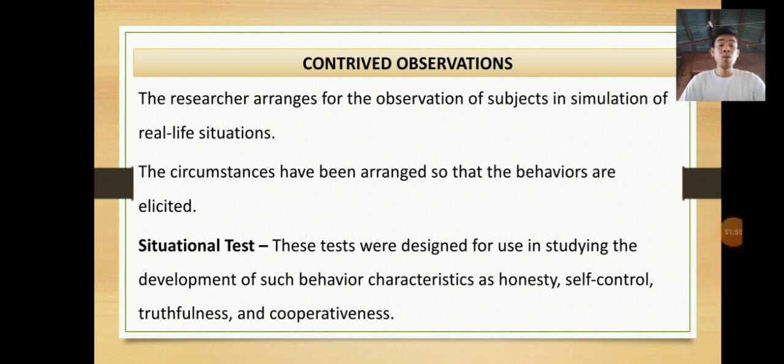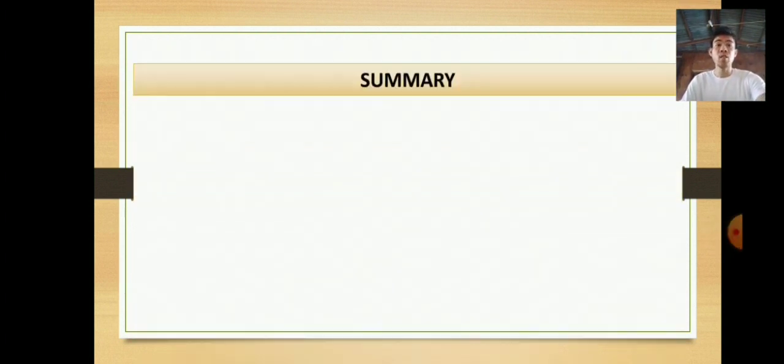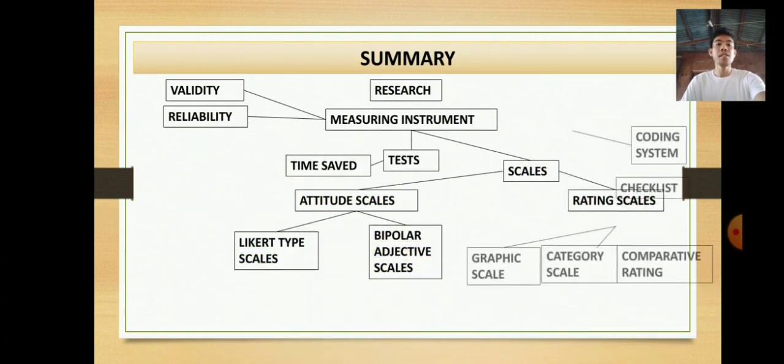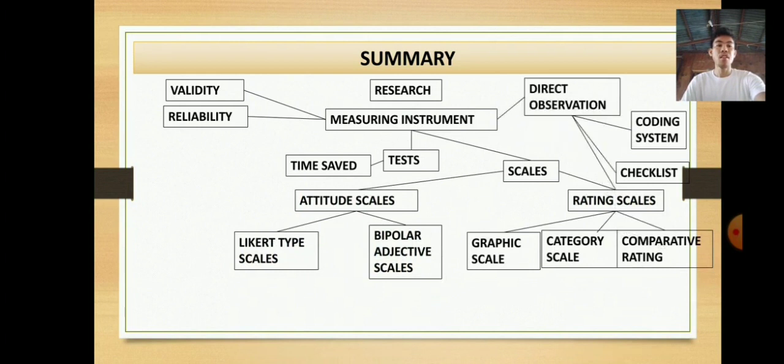So now, let's proceed to the summary. So, kita natin dito, the tool of research measuring instrument. So, sa tool of research, sa measuring instrument, mayroong validity at saka reliability. Then, yung test and scales and the direct observation.